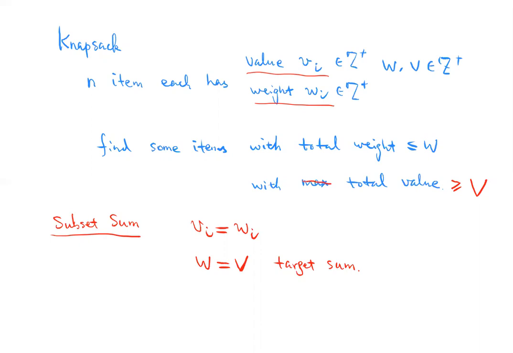Okay, let me finish with one more problem. Yeah, it's run much longer than I thought. Edge packing. The input again is a graph G and two integers.